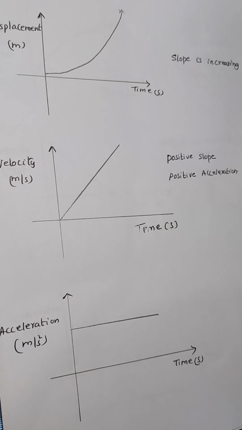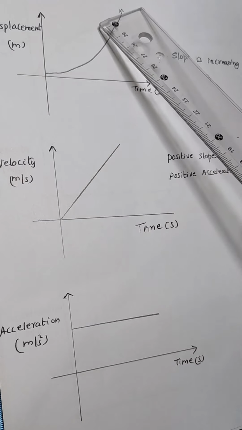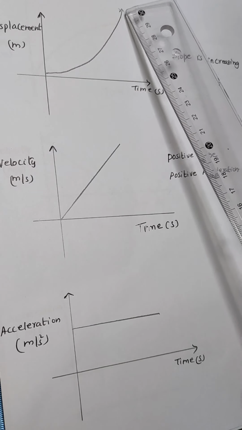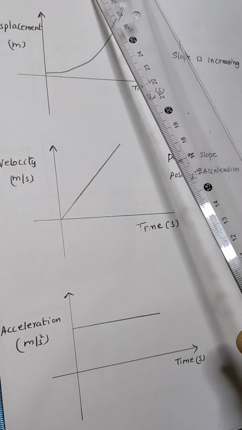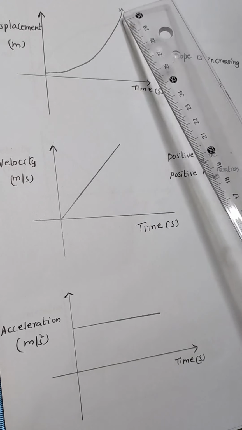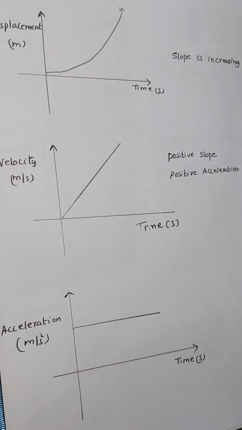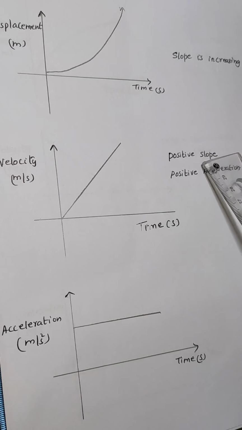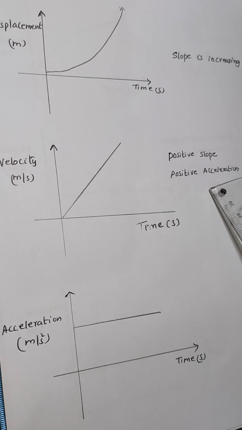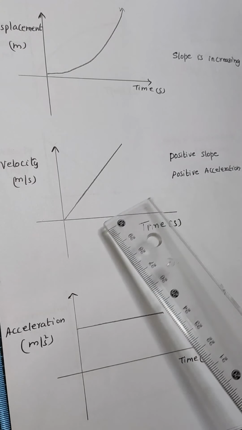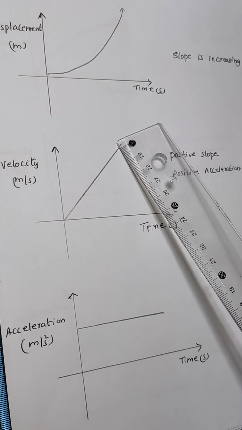You can see if the graph is going towards the right, the slope is positive. Also, it is going closer to the y-axis. You can see that the angle is continuously increasing, which means the slope is increasing. The slope is positive, so you have a positive velocity.